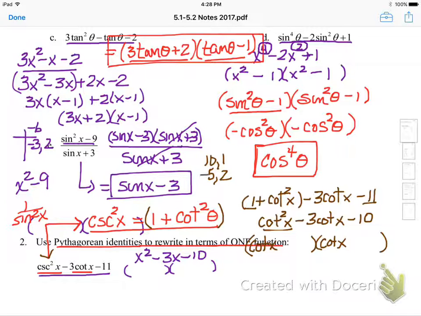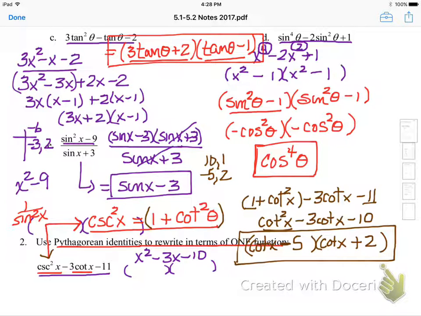Yes, that makes 3, and it's negative 5. So this is going to be cotangent of x minus 5, and then cotangent of x plus 2. And there is no additional simplification that we can do to that. This is going to be my final answer. So cotangent of x minus 5, and then cotangent of x plus 2.